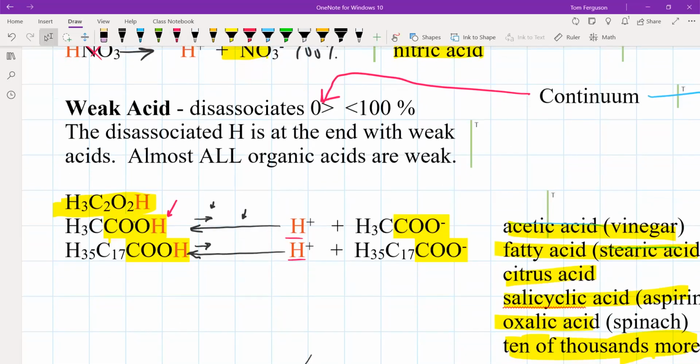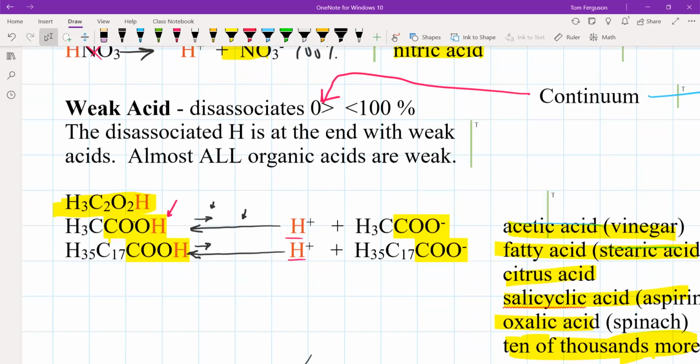Now, with a weak acid, only a little bit comes off. Most acids in the world are weak acids. There are only 7 strong acids out of probably 500,000 weak acids, or even 1,000,000. There's a whole bunch of weak acids. Citric acid is a weak acid.